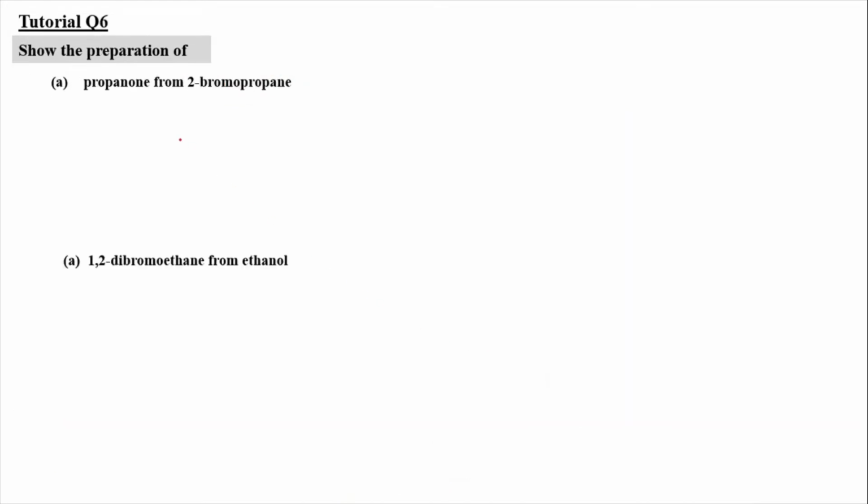Now for tutorial question 6, we have to show the preparation of propanone from 2-bromopropane. So 2-bromopropane is going to look something like this, which is propane have 3 carbon, and at carbon number 2 it's going to be attached with bromine, and then you're going to produce propanone.